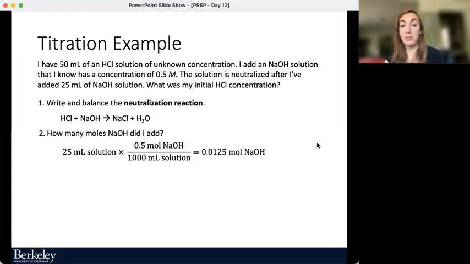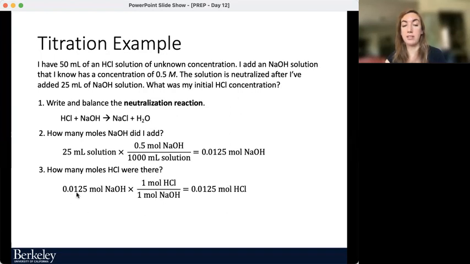So now I know how much NaOH it took to neutralize all of my HCl. So I can figure out how much HCl I had to start out with. So it took 0.0125 moles to neutralize it. And this is where it's important that I balanced my neutralization reaction, because I need 1 mole of HCl for every 1 mole of NaOH.